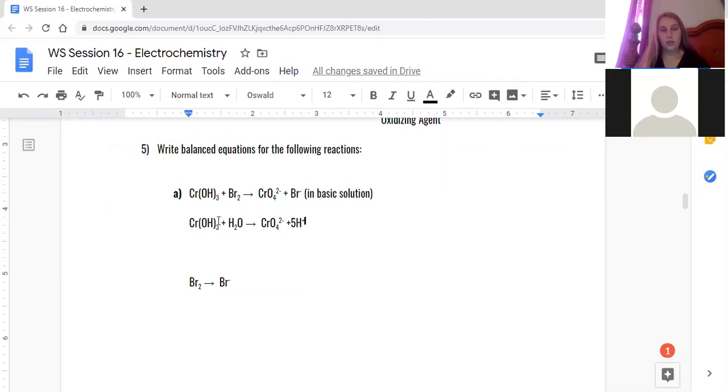Because this is 0, and we need this to also equal 0, we're going to add electrons over here to cancel that out. So we're going to add 3 more electrons to get rid of the +3 charge. So we're going to have 3 e-, just shorthand for electrons.